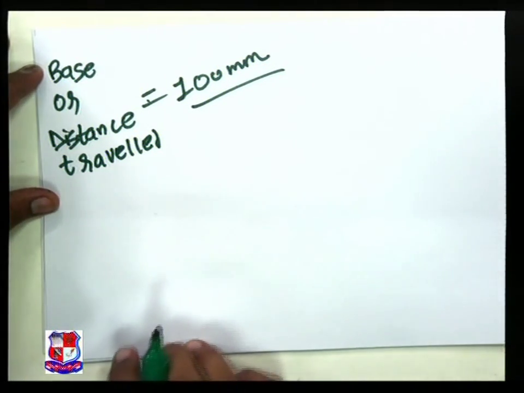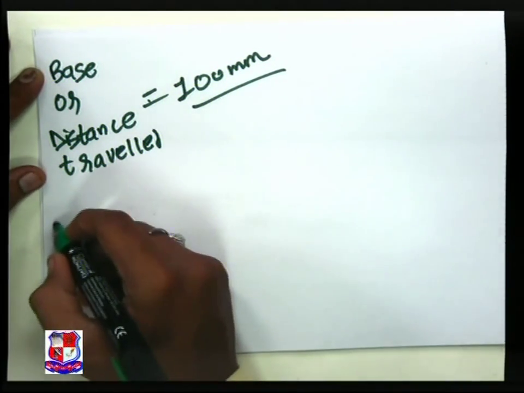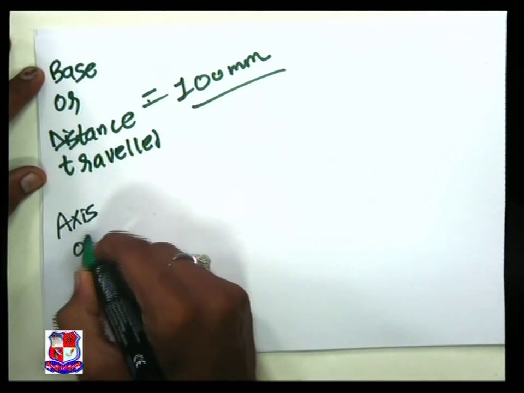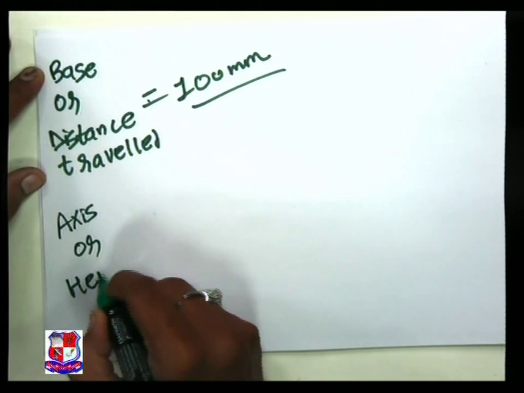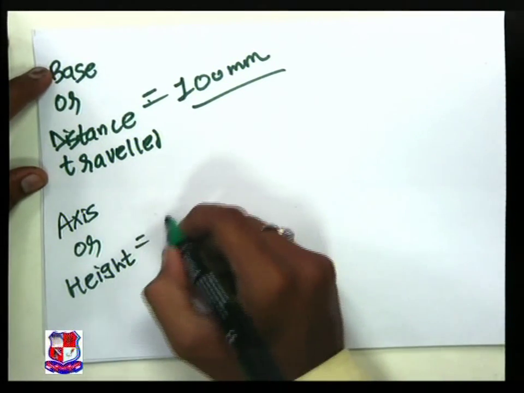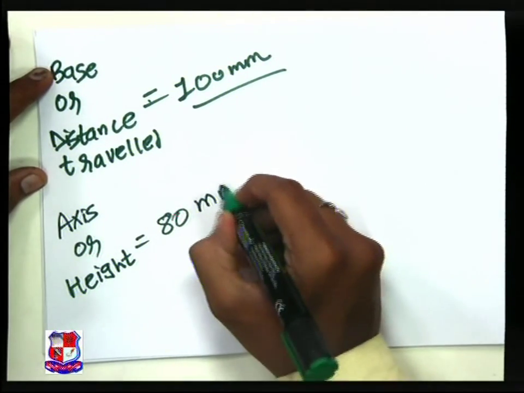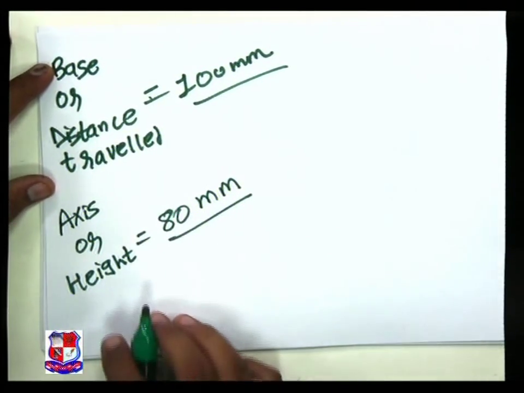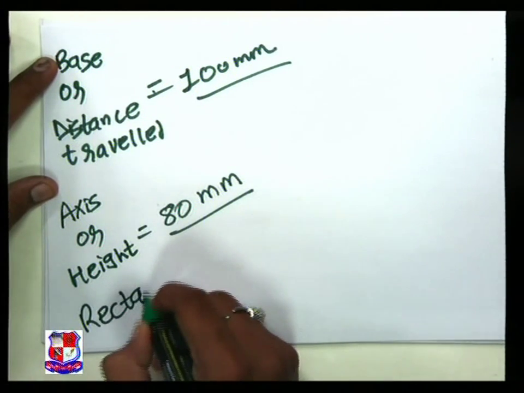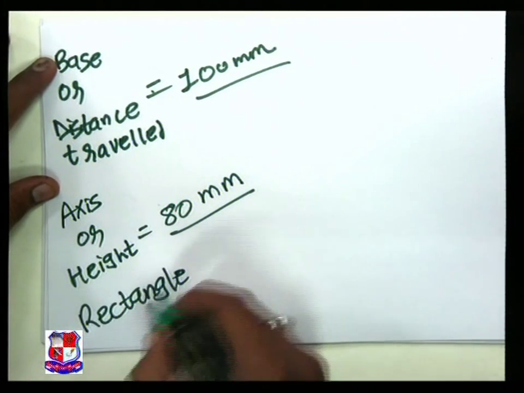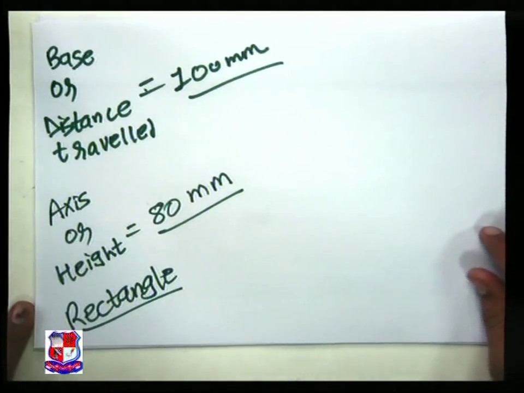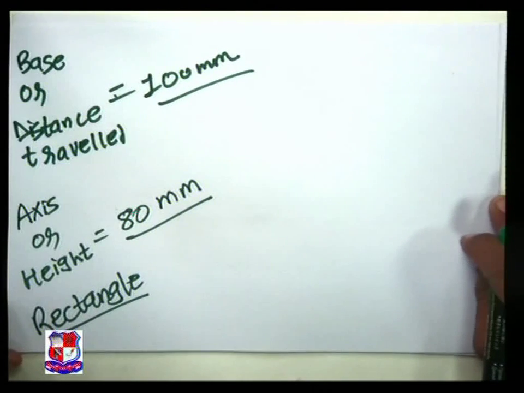This has been given. On another side, x or height is altogether the same. It's been given as 80 mm and we need to draw using the rectangle method. Three data have been given. Now we will draw this parabola.